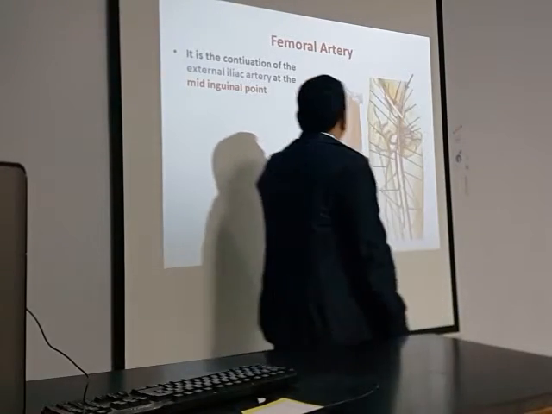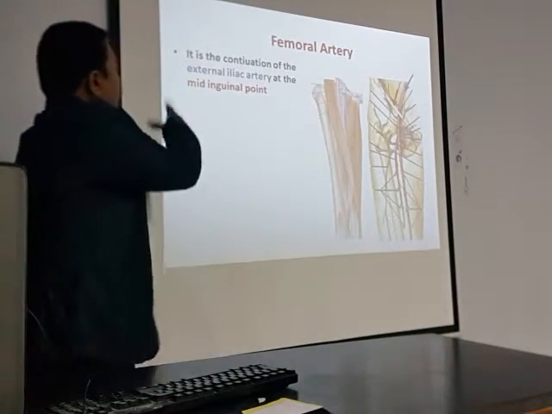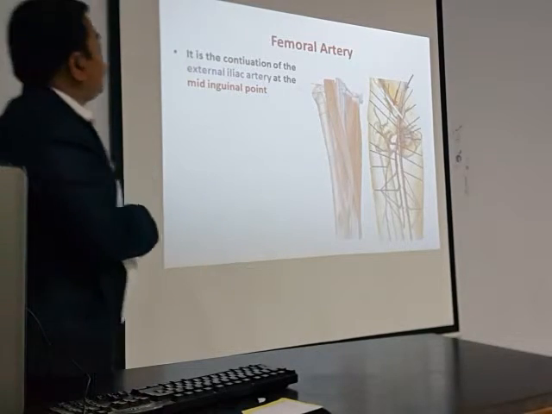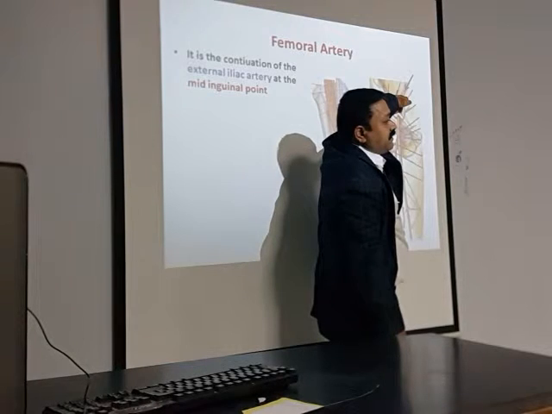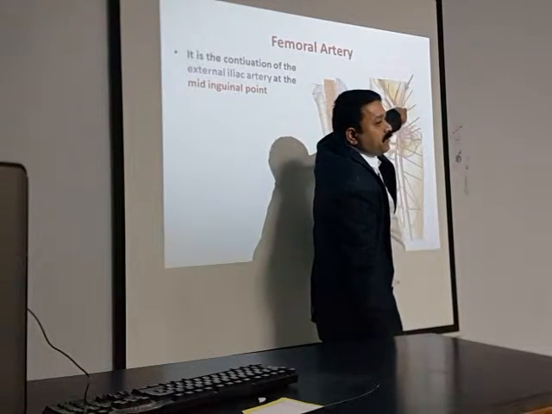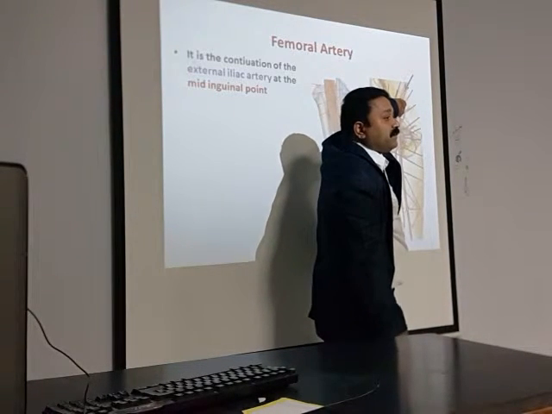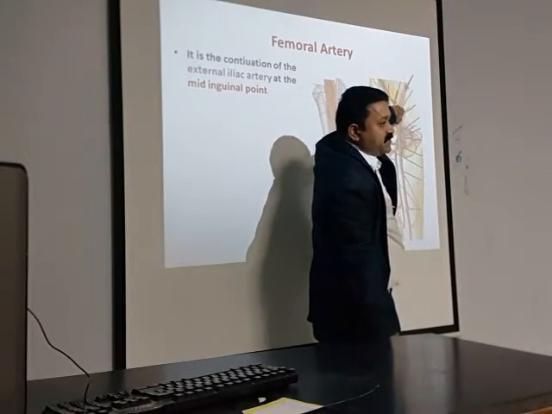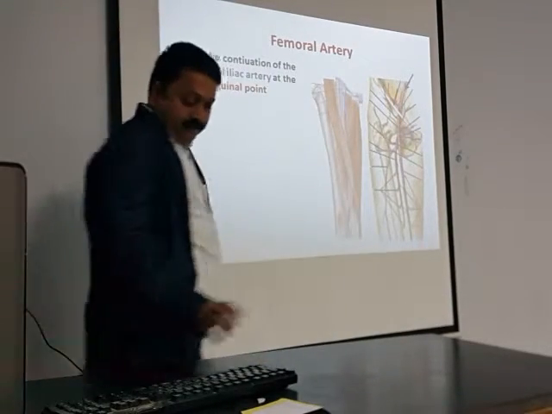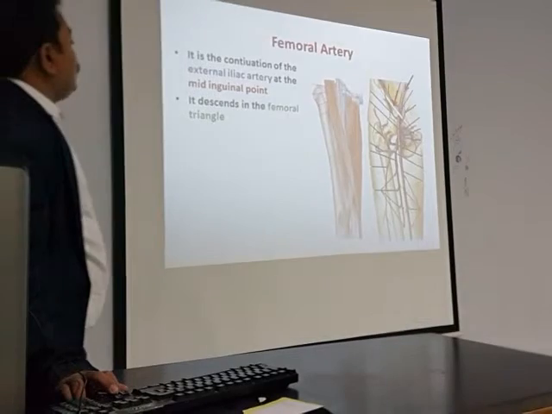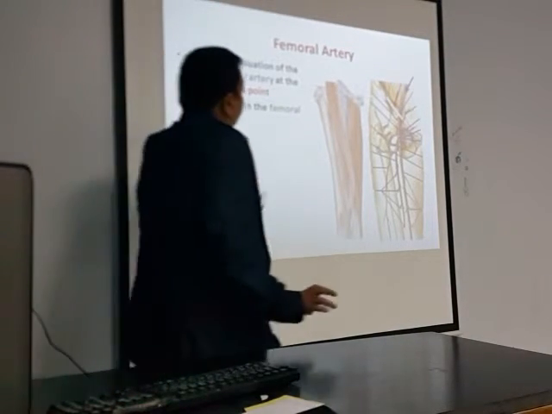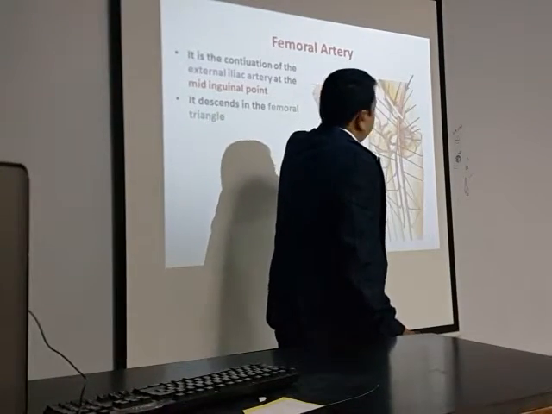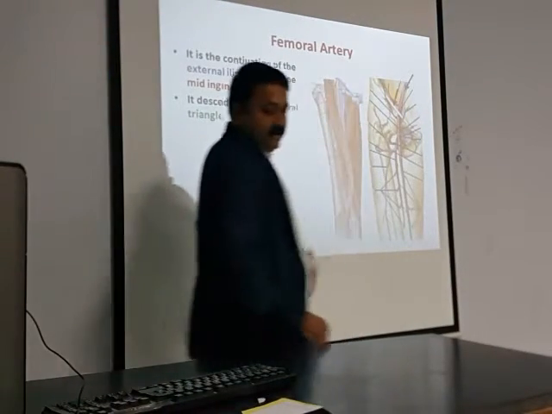The femoral artery is the continuation of the external iliac artery. So at the mid-inguinal point, it becomes the femoral artery here. It continues as the femoral artery and descends in the femoral triangle, isn't it?